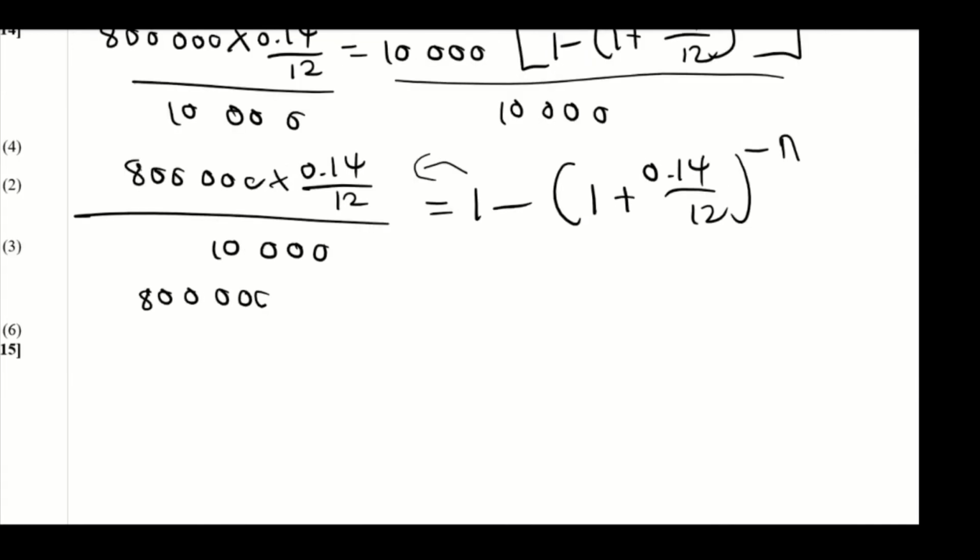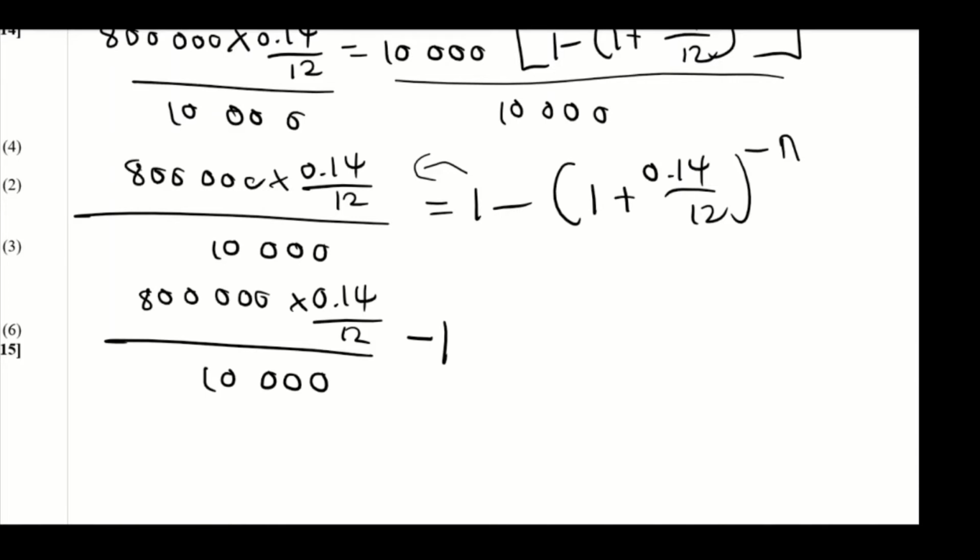So you have 800,000 times 0.14 over 12 divided by 10,000 minus 1, because it's going to change sign when it goes to the other side, equals negative into 1 plus 0.14 over 12 to the power minus n.